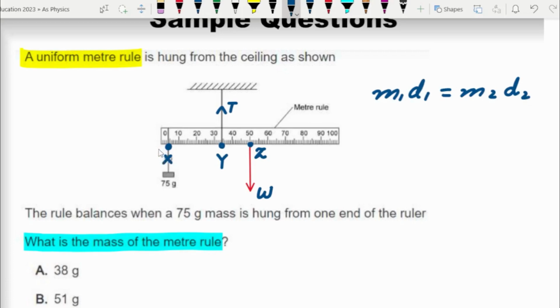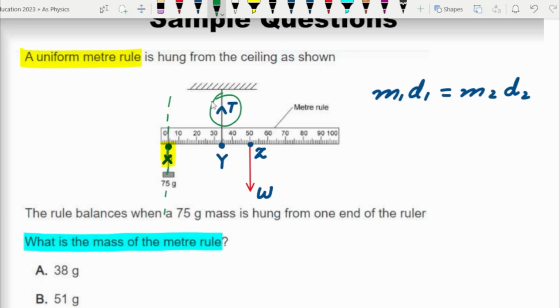Now, the point x, if I consider the point x as a pivot, what's going to happen is that this force, the 75 grams (convert it into weight, or this mass), would not be responsible for producing the moment because it would be passing through the pivot. So you will have only two forces producing the moment.